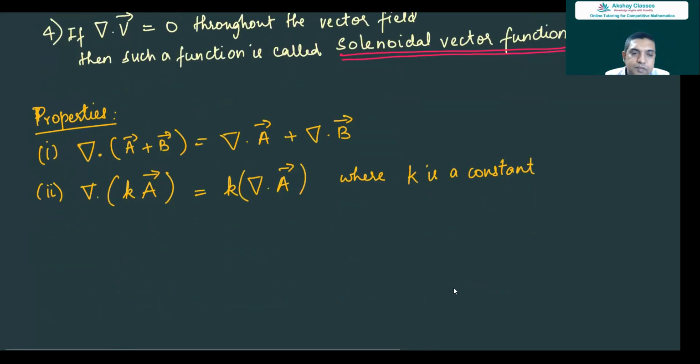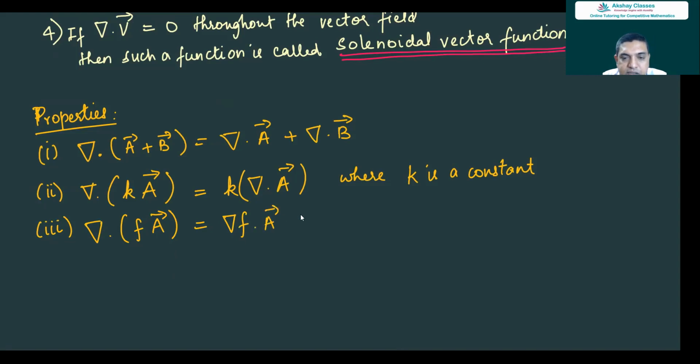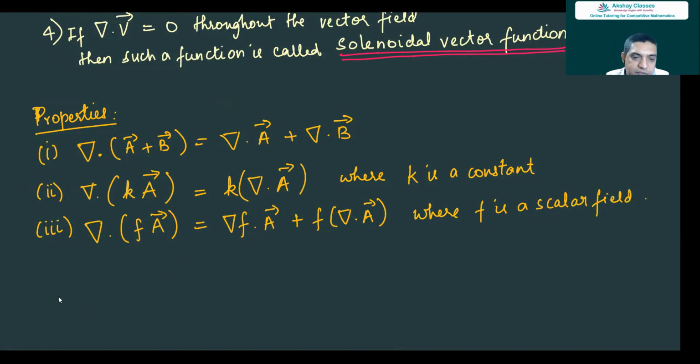Now, if it is a scalar field multiplied by a, so first you get del f dot a plus f times del dot a, where f is a scalar field. A is a vector field, f is a scalar field.